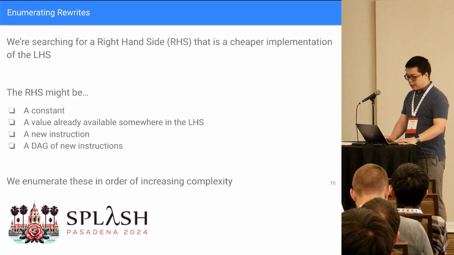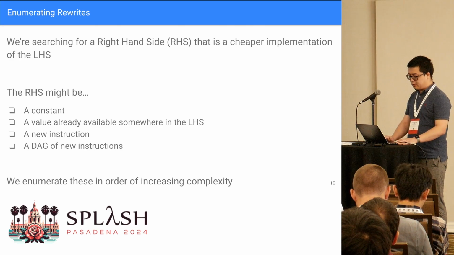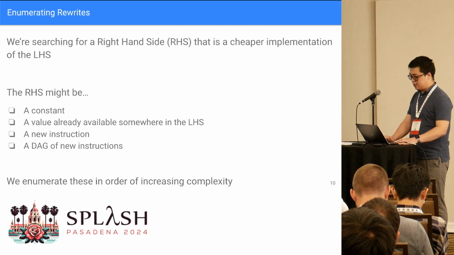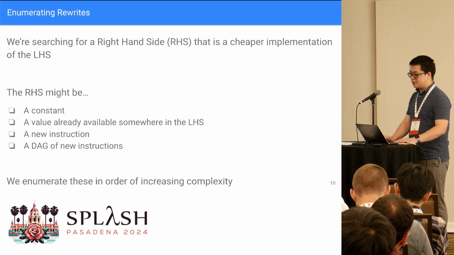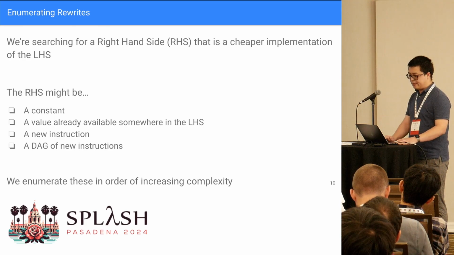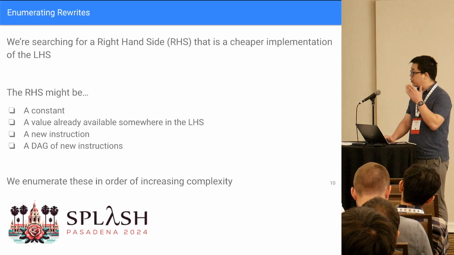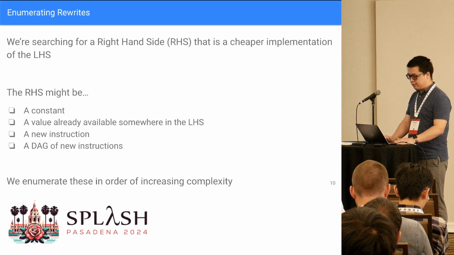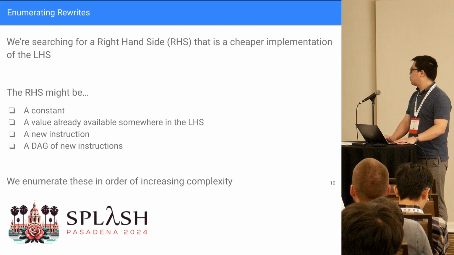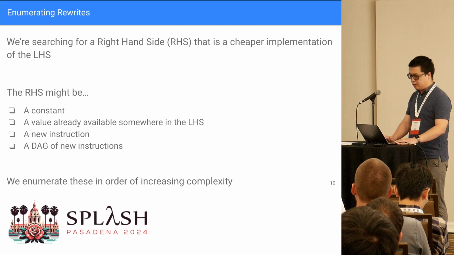After we split the program into small left-hand sides, we want to find a right-hand side that is a cheaper implementation of the left-hand side. Here, a right-hand side may be a constant, or an existing value found somewhere in the left-hand side, or some new instructions.